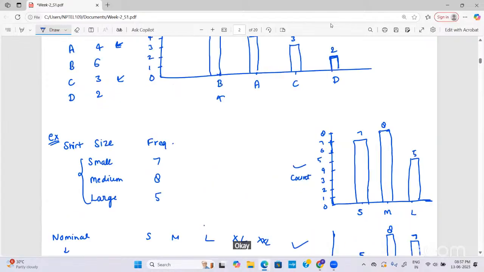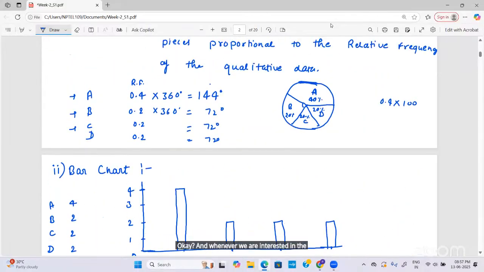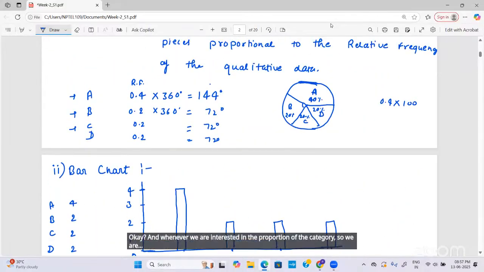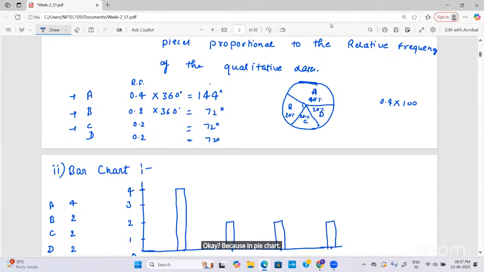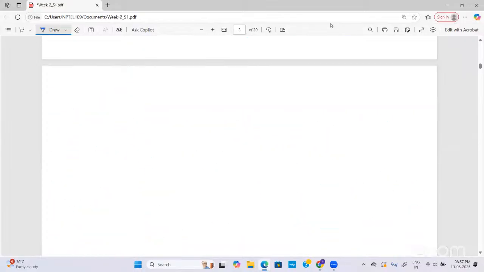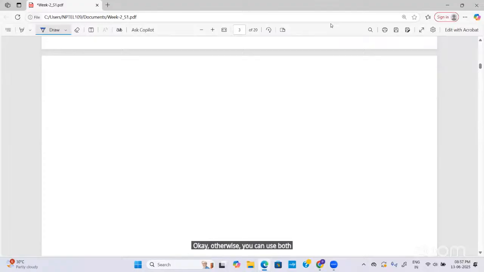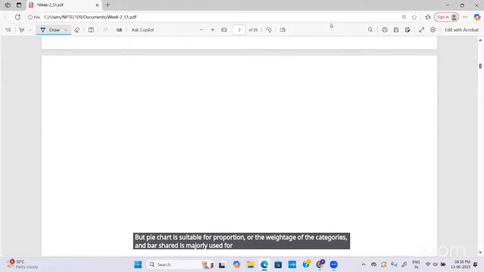In a pie chart, what we generally represent is the percentage or proportion. Otherwise, you can use both the charts. Both are for categorical variables, but a pie chart is suitable for proportion or weightage of the categories, and a bar chart is majorly used if you are interested in the count of the categories.